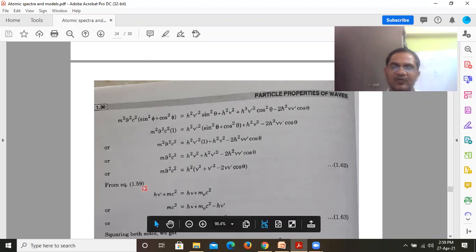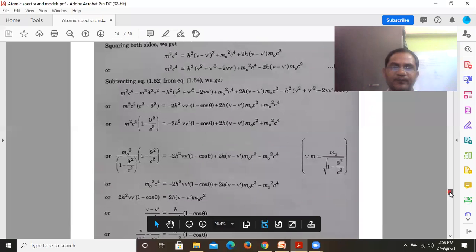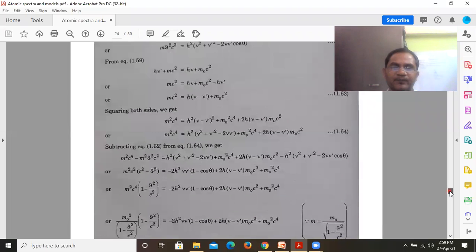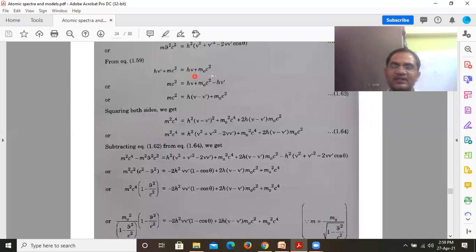Right? From equation 1, we have h nu dash plus mc square equal to h nu plus m naught c square. How did we get this expression? By applying the conservation of energy. Before the collision, total energy equals the total energy after the collision.